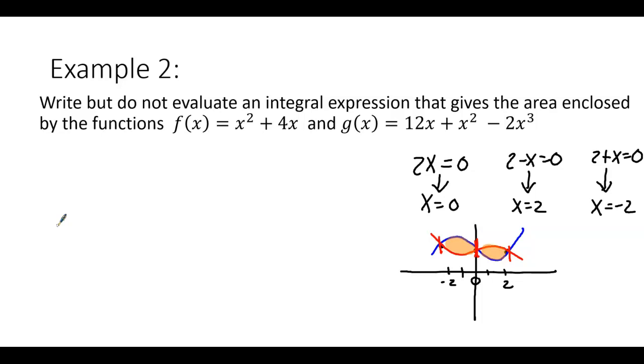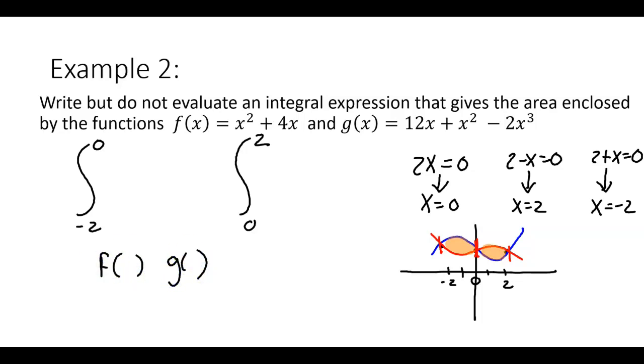All right, so my first integral is going to be from negative 2 to 0. The other area or integral is going to be from 0 to 2. Now, I don't know what it is right now. I don't know if it's f minus g or if it's g minus f. So we're going to pick a number and plug it into f and g. So for the first one, let me ask somebody here. Magdalene, what would be a good number to plug in here to test?